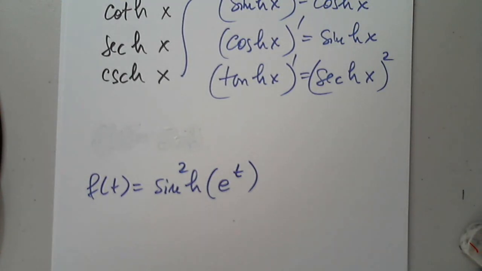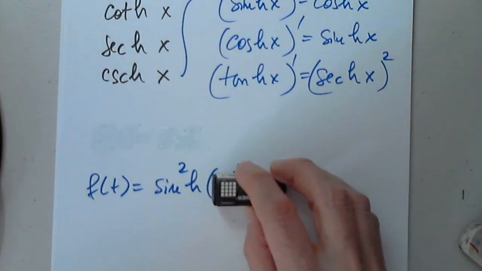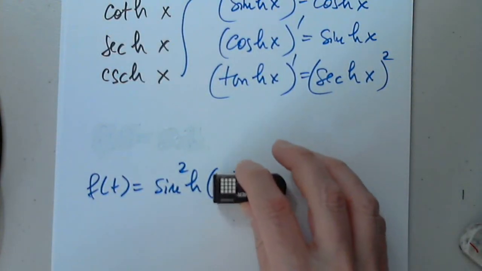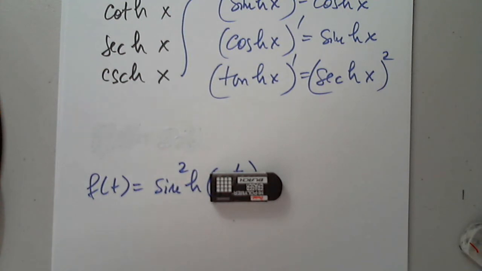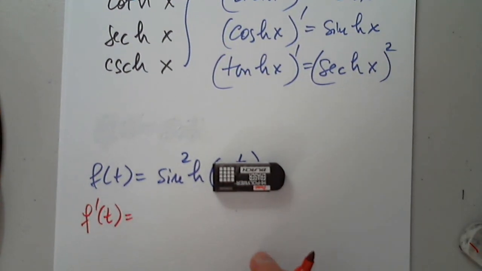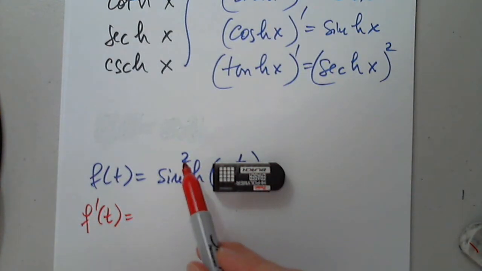Okay, let's see what we get. Remember how we start, although this is not a function composition, it's just a function. We start from the outer function. The outer function is power 2.